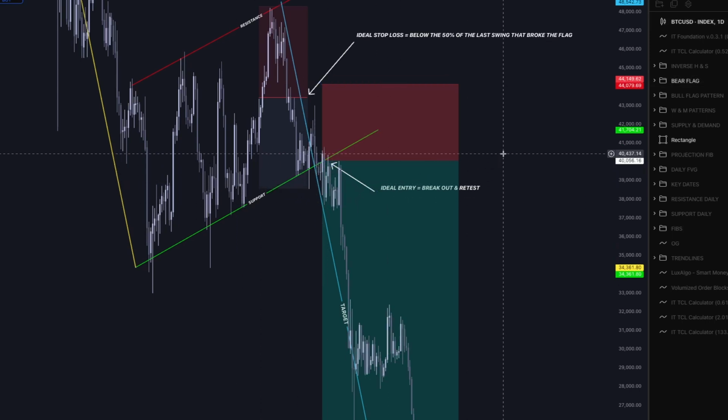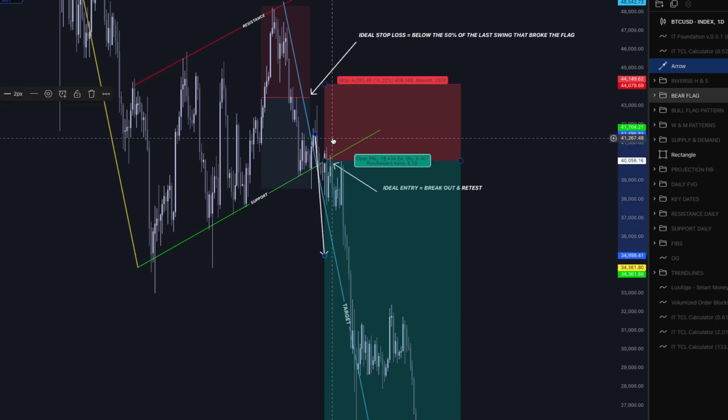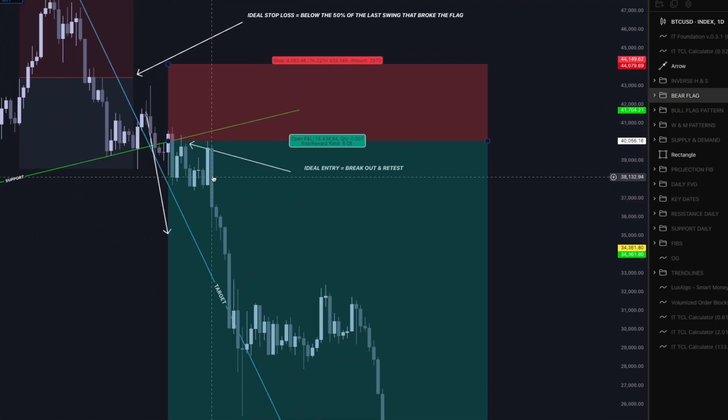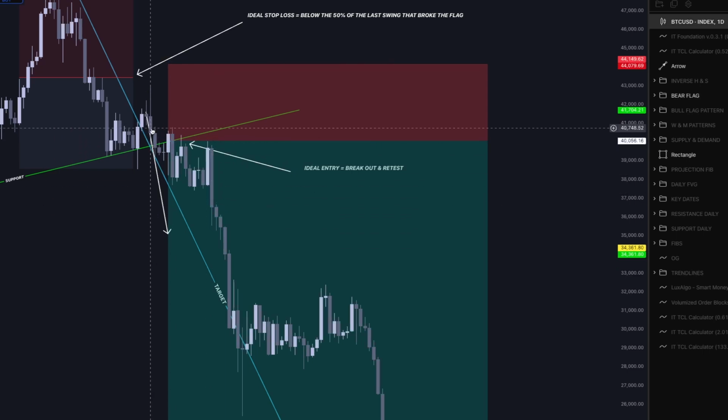But one thing I would say is what you really want to see when you're looking for a break of support in a bull flag or a bear flag is a sharp drop down with heavy momentum, like this candle right here. It will give you more confidence if you see a break of the support with more momentum.